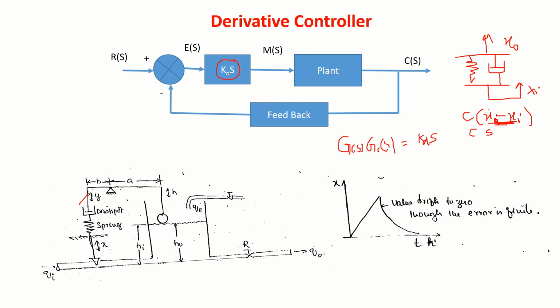So Kd s times 5 divided by s plus 1. The transfer function will be 5Kd s divided by s plus 1 plus G(s)H(s), no? So that means 5Kd s divided by s plus 1, as 5Kd s you get.